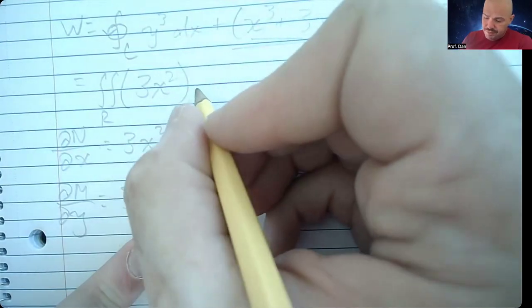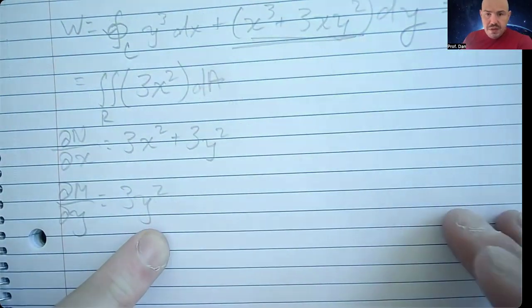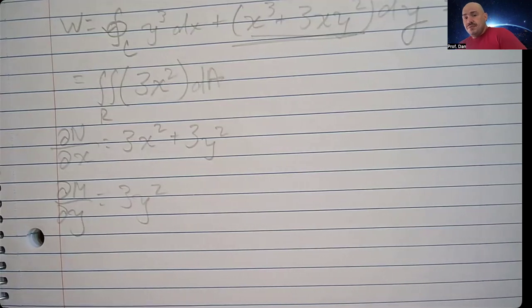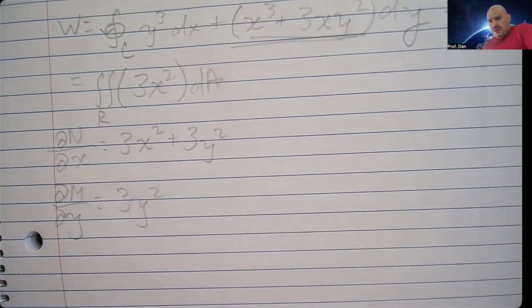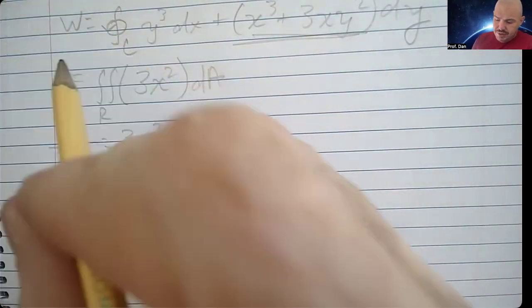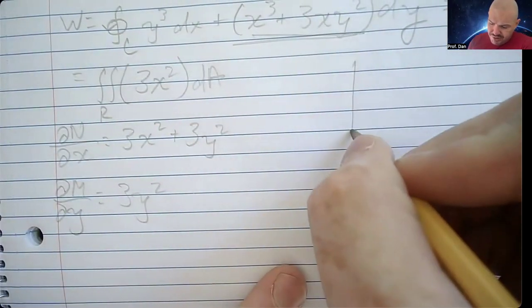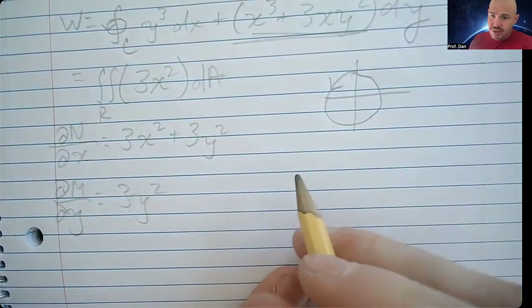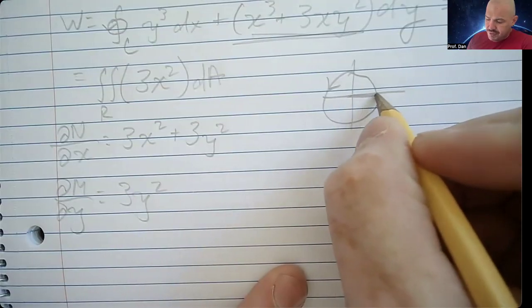So one major difference about this region R is that we're looking at a circular path. All right, so if I were to just draw this circle out, I have a circle with radius 3, and we're going in a counterclockwise direction. Think of it this way.